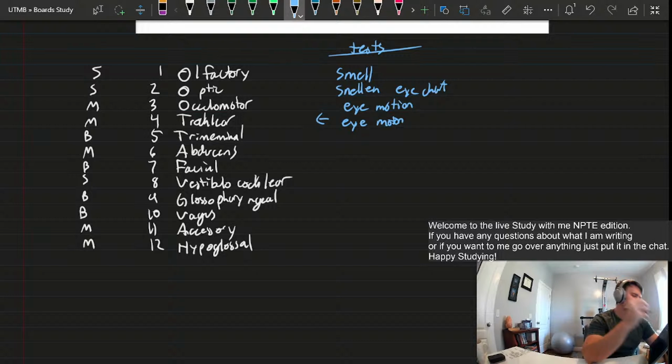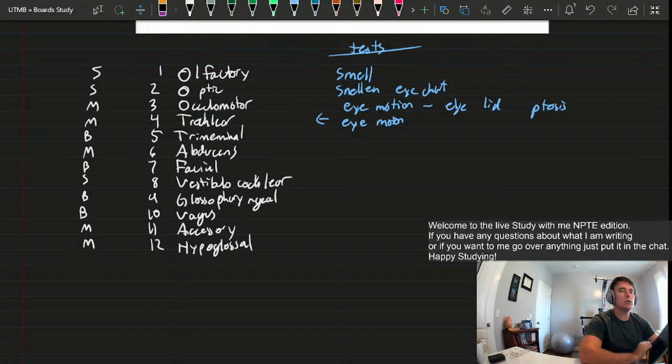And then also this is for eyelid. So if it says something about ptosis, you know it's going to be affecting the oculomotor nerve. So ptosis is dropping of the eyelid on one side. So Bell's palsy and stuff like that.